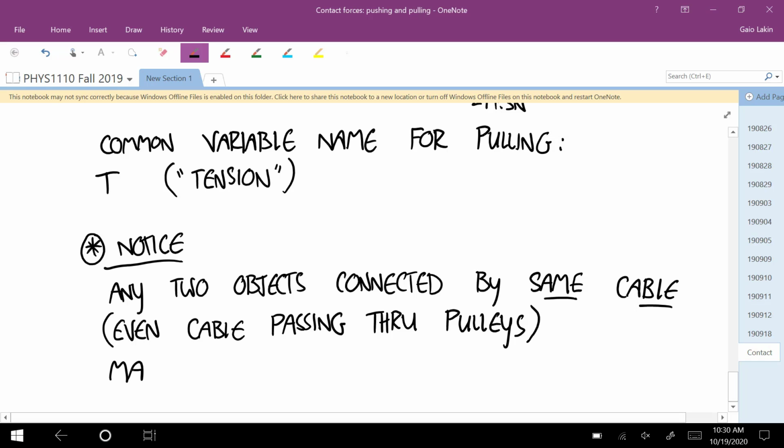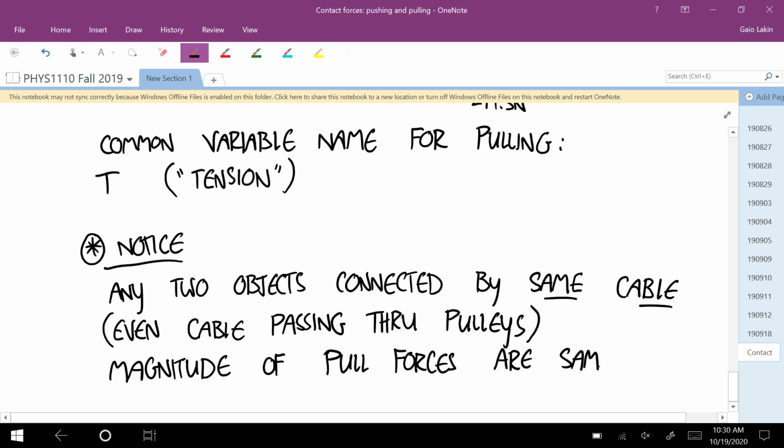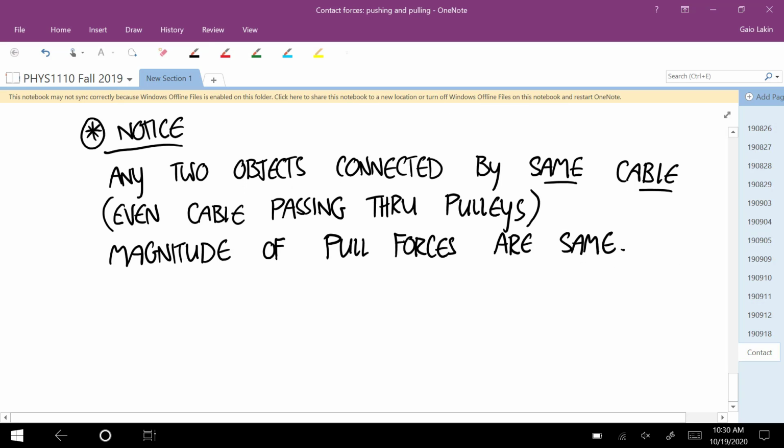The magnitude of the pull force, the pull forces on the two bodies are the same. So let me do this one more time.